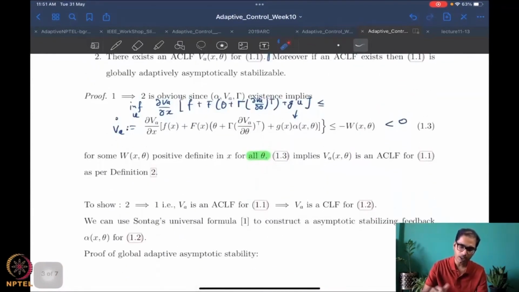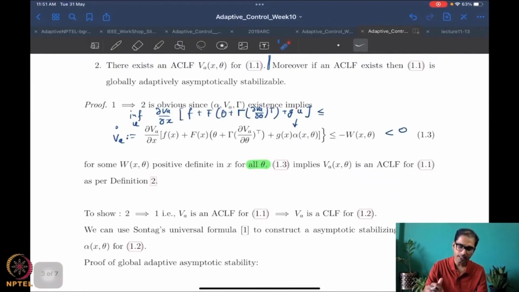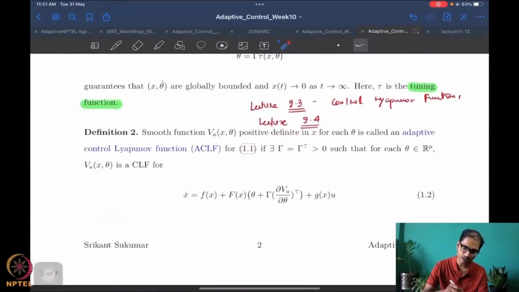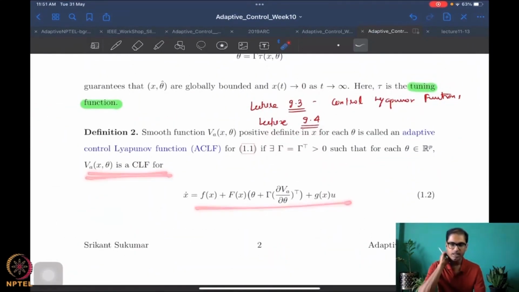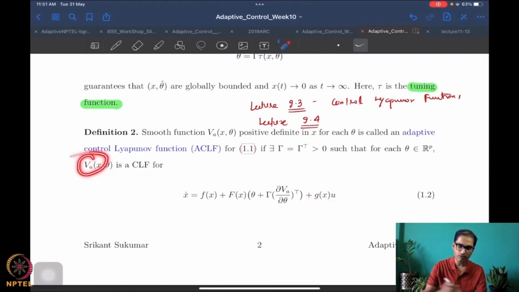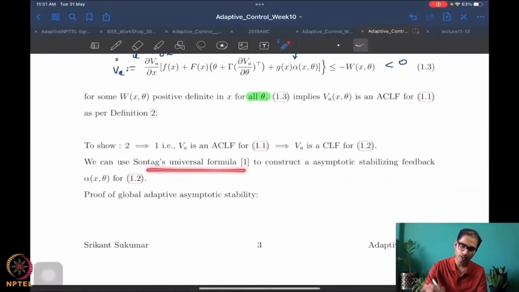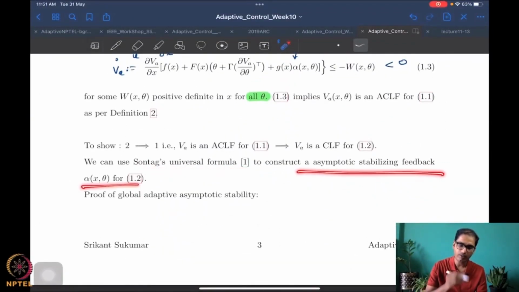And now, because VA is an ACLF for 1.1, VA is a control Lyapunov function for 1.2, because that is the definition. And if you have a control Lyapunov function for a system, what do I know? I know that I can use the Artstein-Sontag formula to construct a feedback alpha.